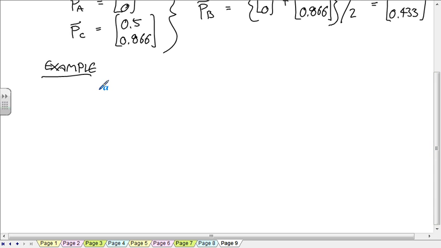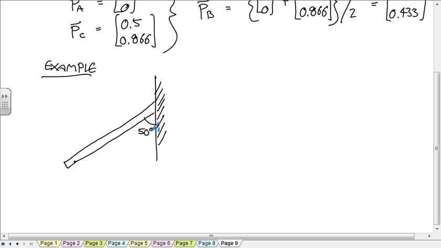So let's say that a beam is attached to the wall. Let's say that this angle is 50 degrees. The length of this beam is 2.5 meters.